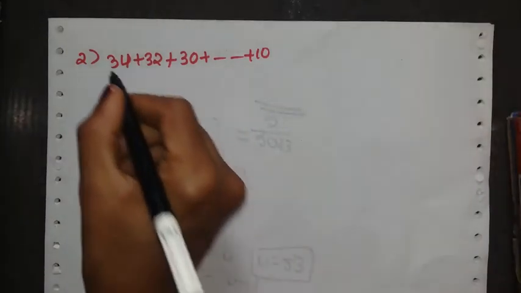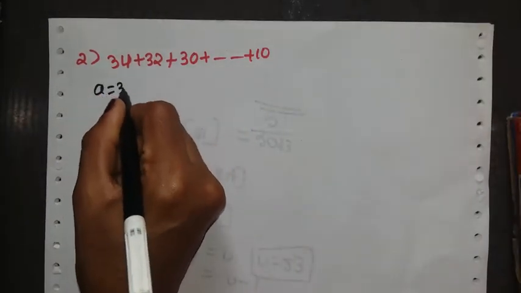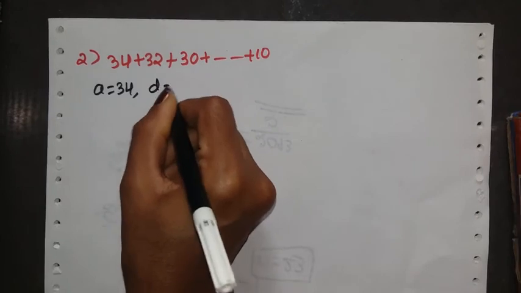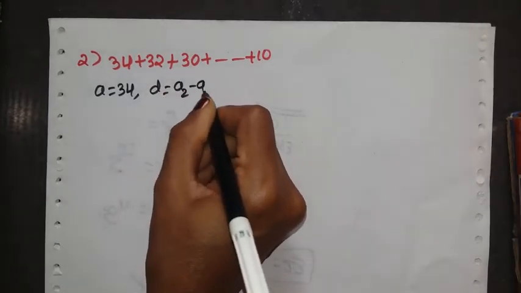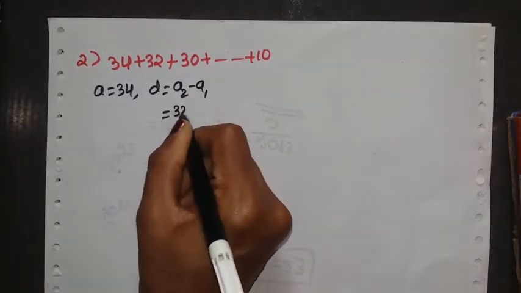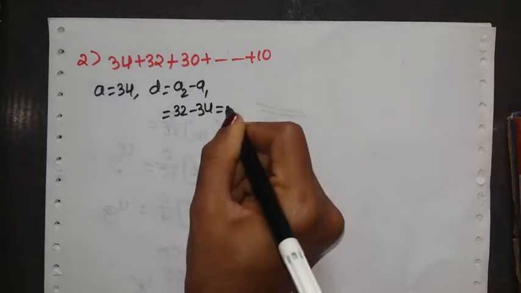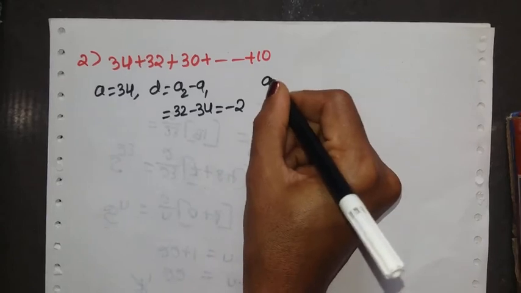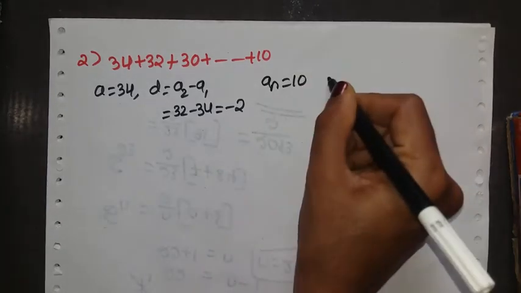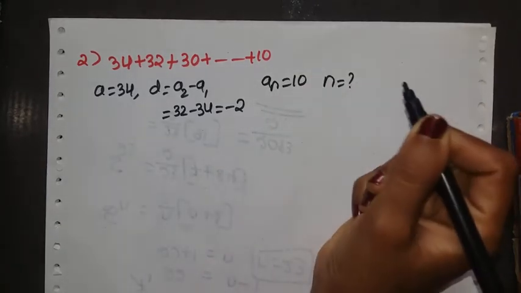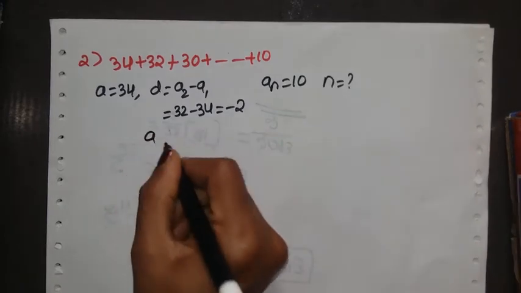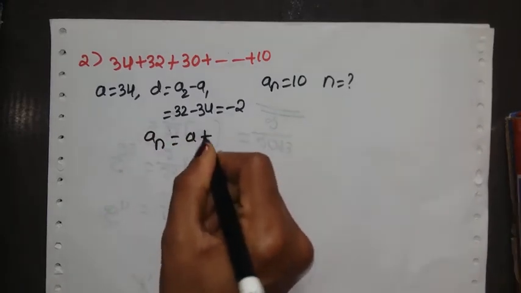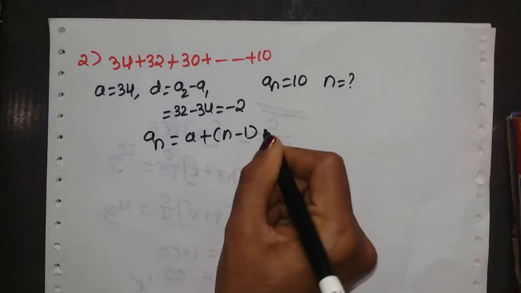Second question. Here the first term is 34 and common difference d is a2 minus a1. Yes, a2 is 32 minus 34. This is equals to minus 2. Then the last term an is 10. Yes, to find out the value of n we need to use the formula an is equals to a plus of n minus 1 into d.